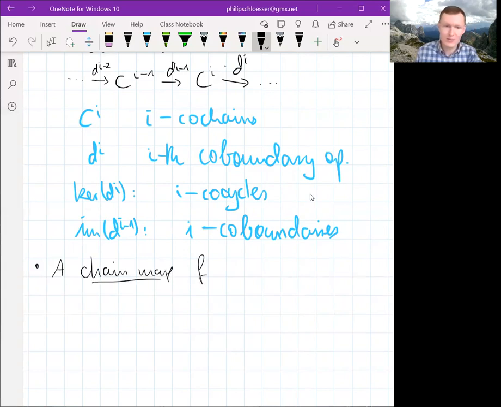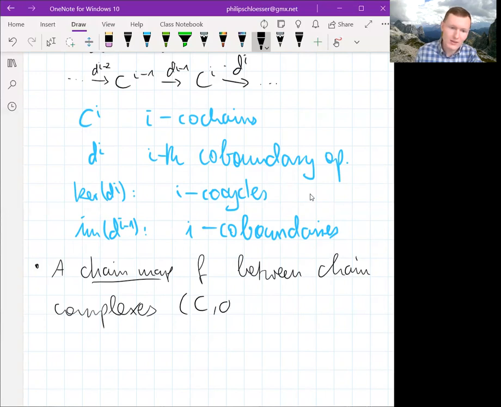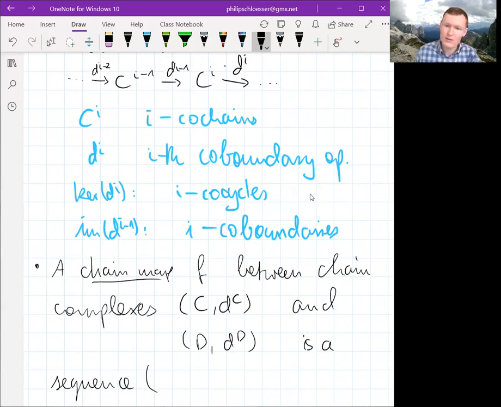A chain map f between two chain complexes (C, d^C) and (D, d^D) is a sequence f_n of module maps, or of linear maps.